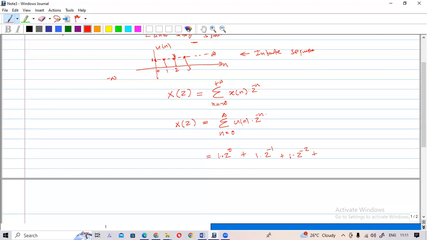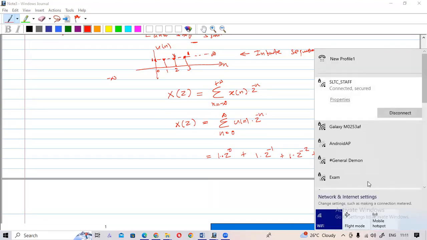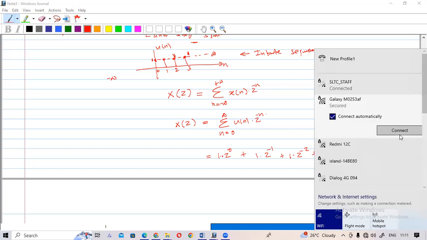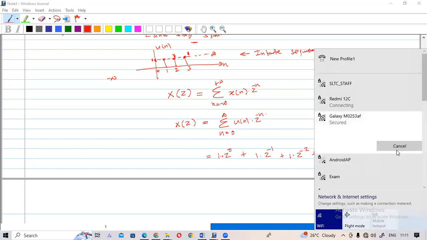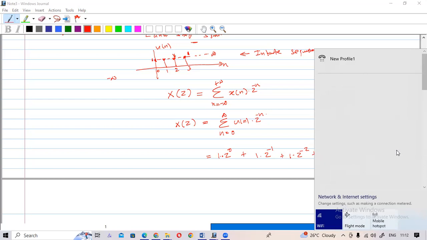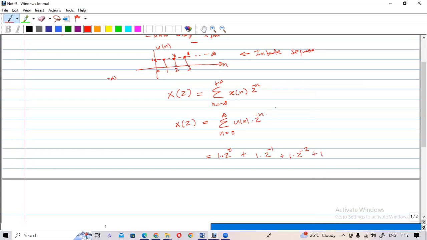Plus when n is 3, u[3] is also 1, that means z^(-3).